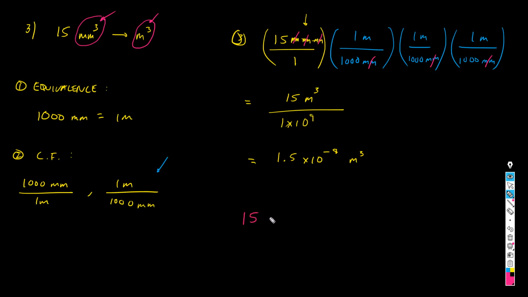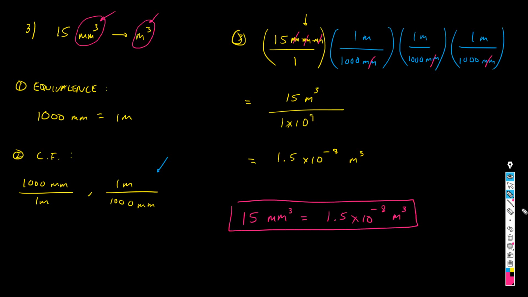Our conclusion is 15 millimeters to the cube is equal to 1.5 times 10 to the minus 8 cubic meters, like so. And one last example, now using a little something a little more complex.